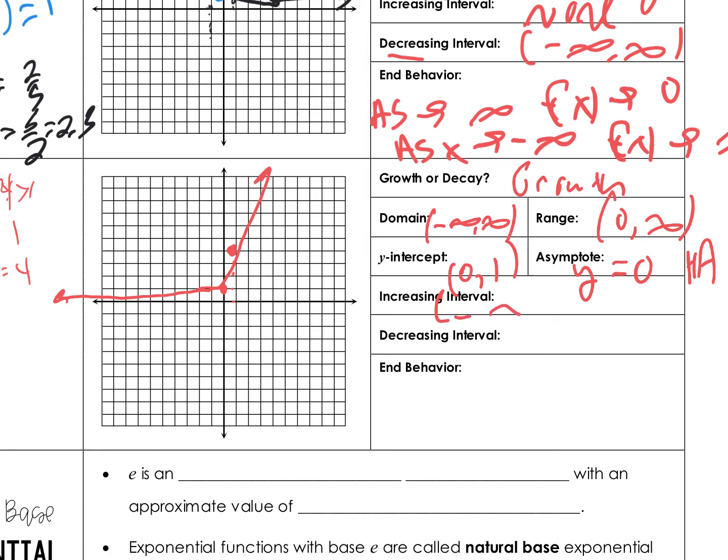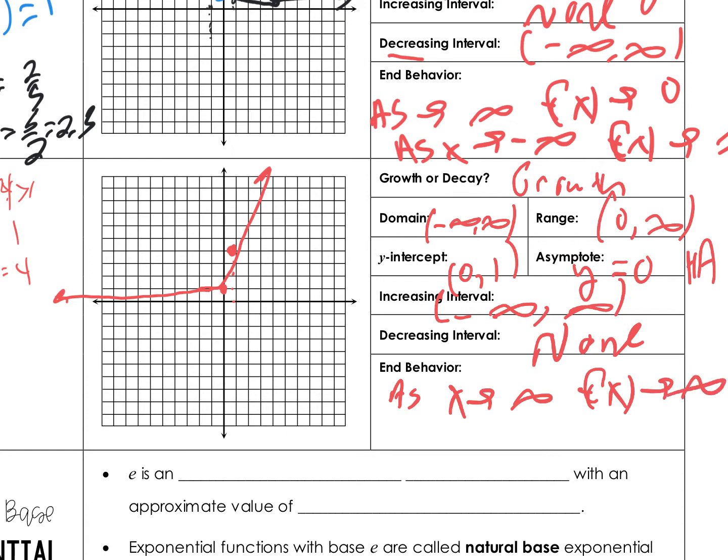So it increases from negative infinity to infinity, and it never decreases. As x approaches infinity, it means to the right forever, f of x approaches infinity. As x approaches the left forever, f of x approaches 0.